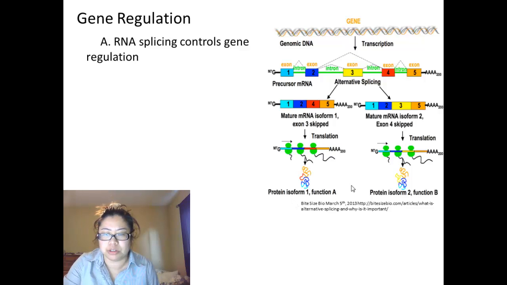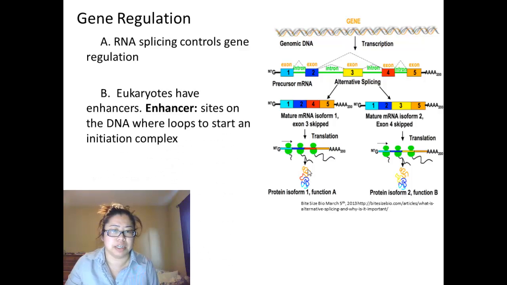So it becomes two different forms of protein: protein isoform 1 and protein isoform 2, both with different functions. Of course, this eukaryotic cell is going to have polyadenylation here. This was taken from Bite Size Bio, today's website.